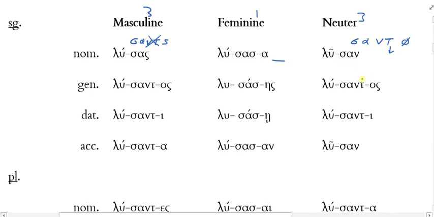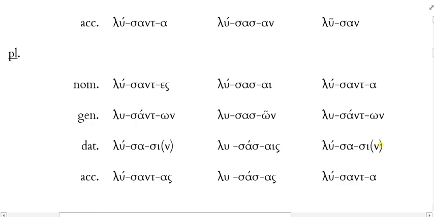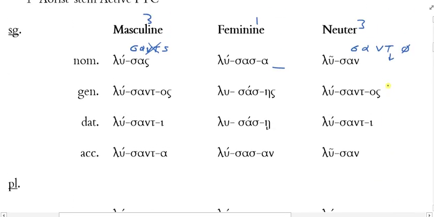So, lusan, we get our tau back. Lusantos, lusanti, lusan. And then our plural forms, everyone, lusanta, lusanton, lusasi, and lusanta. Now, notice that in the neuter, your nominative and accusatives are always identical to each other.